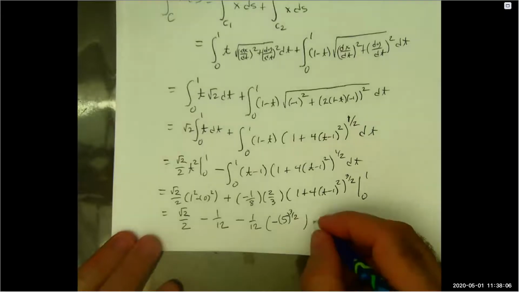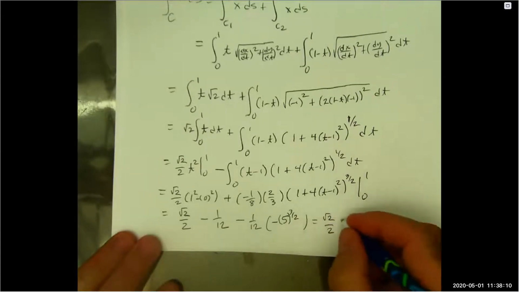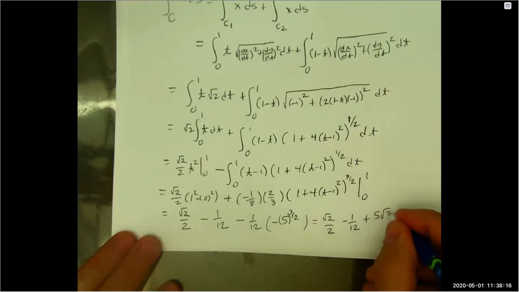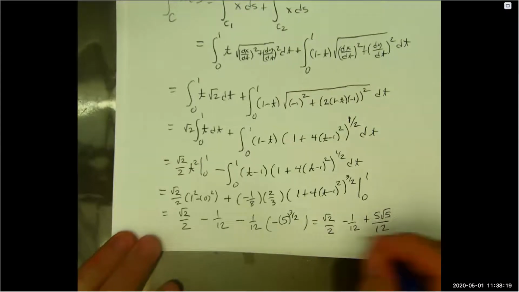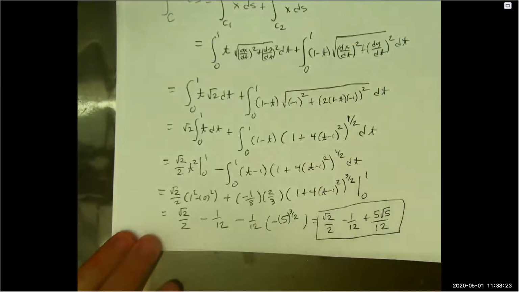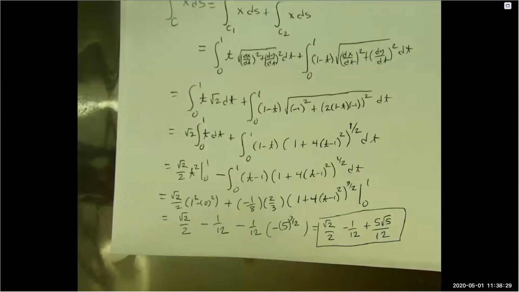And so this ends up being just root 2 over 2 minus 1/12, and then plus 5 root 5 over 12. So we have that. Any questions on this example?